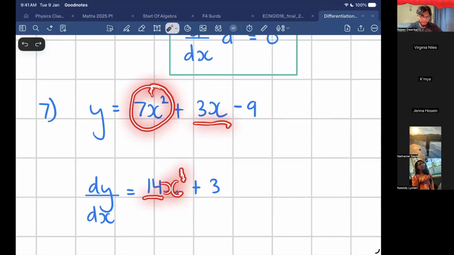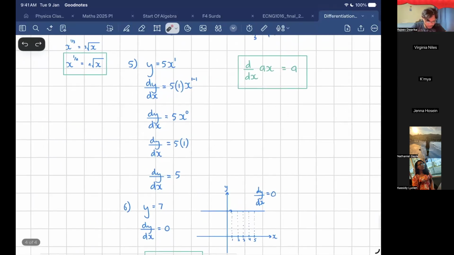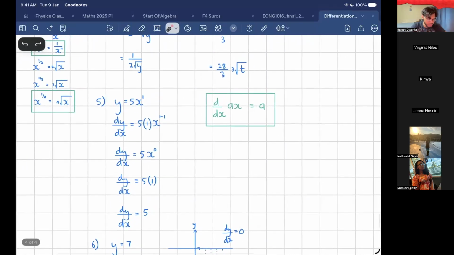So let's look at it again. Let's just say I want to differentiate 5x. If you differentiate 5x, that would just be 5. So anytime you differentiate something in the form ax, it's always just going to be a.